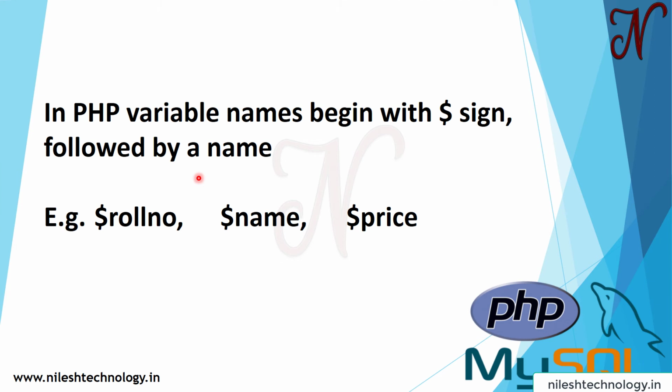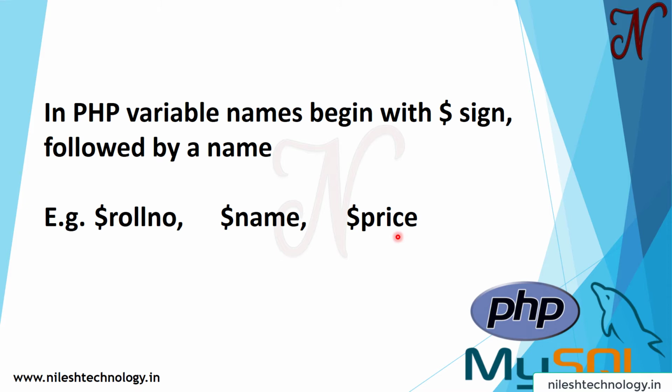In PHP every variable name begins with a $ sign followed by a name. Some examples: if you want to define a roll number as a variable, it looks like this: $roll number, then $name, $price. The dollar is a compulsory character before every name.